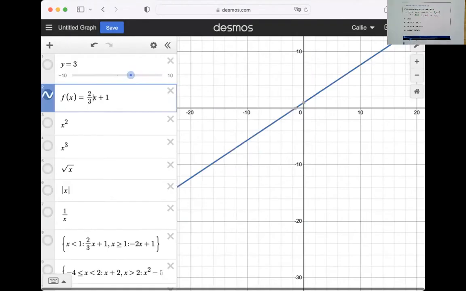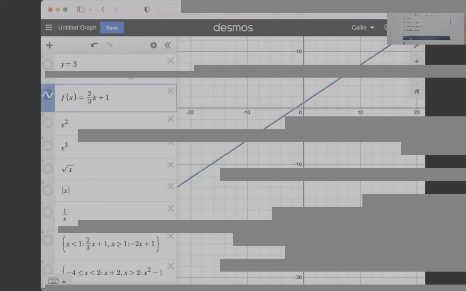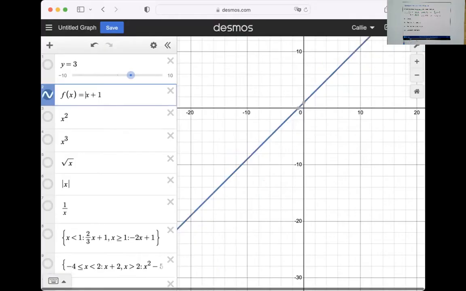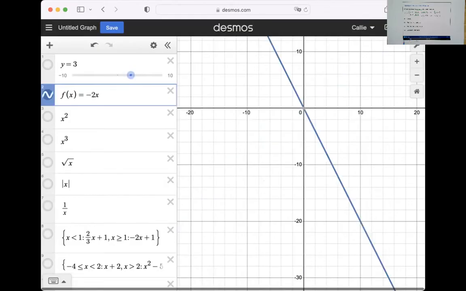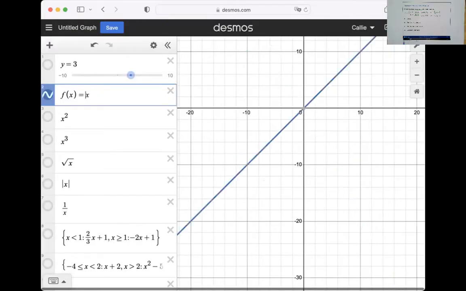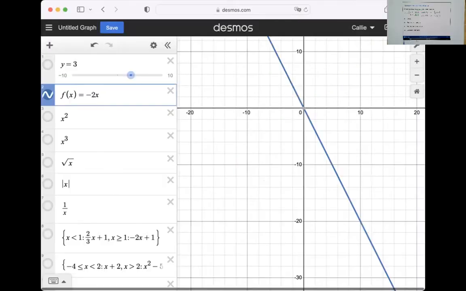So what this one is, 2/3 x plus 1, is actually a linear equation. It just has a multiple 2/3 in front of it and a plus 1 added to the back. So that's still a linear function. And then our other option was negative 2x plus 1. What is the parent function of negative 2x plus 1? Well, if we get rid of the plus 1 and we get rid of the negative 2, our parent function is just that original linear equation. So these are both just linear equations.